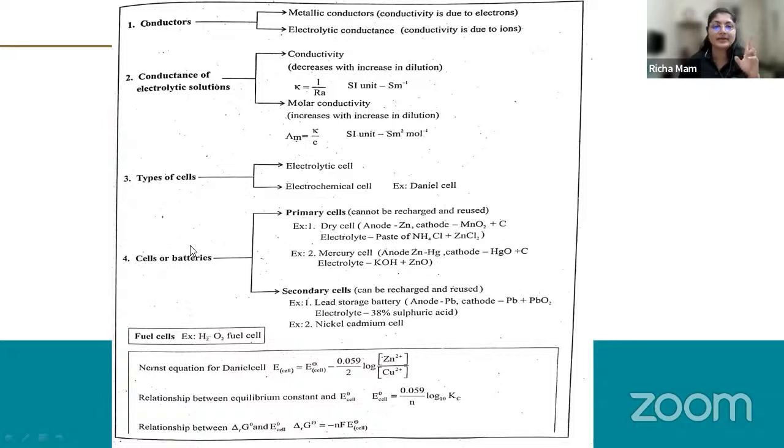There are two types of batteries which you are going to study. One is the primary cells, or primary battery, and the second one is secondary cells. The simplest definition of primary cells: they cannot be recharged or reused.